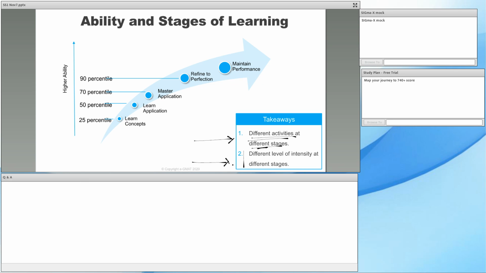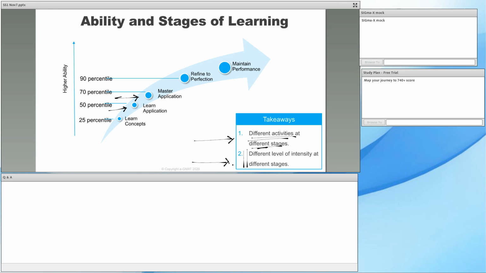The other piece which is really important is that the intensity level is also very different at different stages of learning. When you learn application and when you master application, you're at a very connected intensity level. At this point, you shouldn't do anything else.